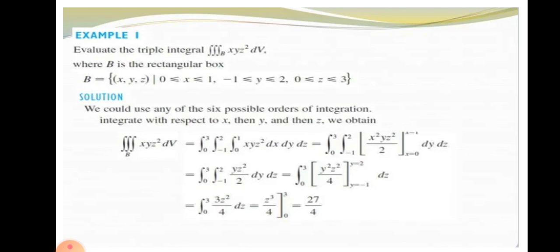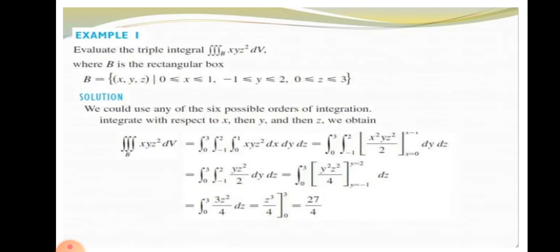the integral of the first limits of dx. We come up with the remaining two integrals of x squared y z squared all over 2 evaluated from 0 to 1 dy dz. So the remaining two integrals are y z squared all over 2 dy dz.